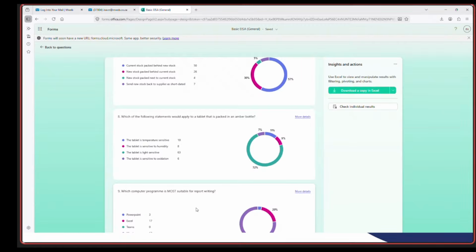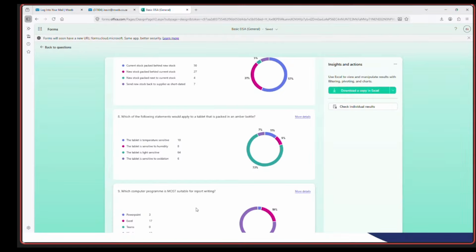Sensitive to humidity, you will add a desiccant to absorb moisture. So that is also not the correct answer. The correct answer there is light sensitive, because it's more difficult for light to penetrate through that, because we know that see-through glass or plastic lets the light through much easier.